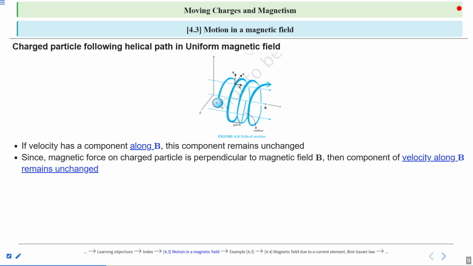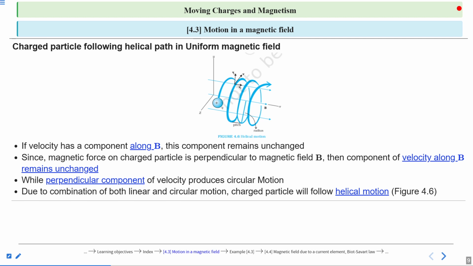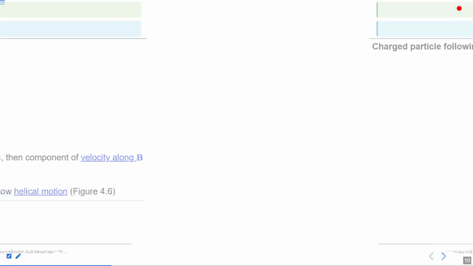Since the magnetic force on a charged particle is perpendicular to the magnetic field, the component of velocity along B remains unchanged, while the perpendicular component produces circular motion. Linear motion is due to the parallel component of velocity. So due to the combination of both linear and circular motion, the charged particle will follow helical motion, as shown in figure 4.6.